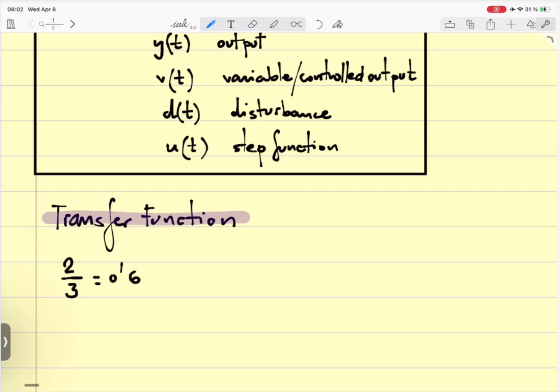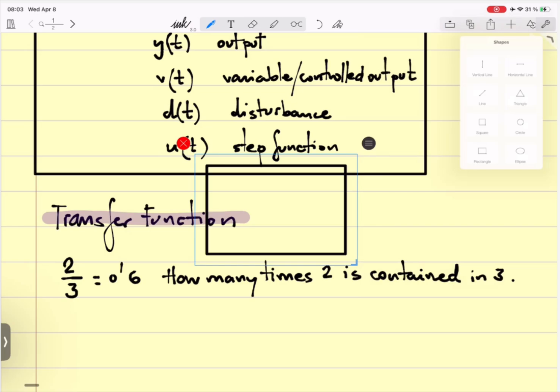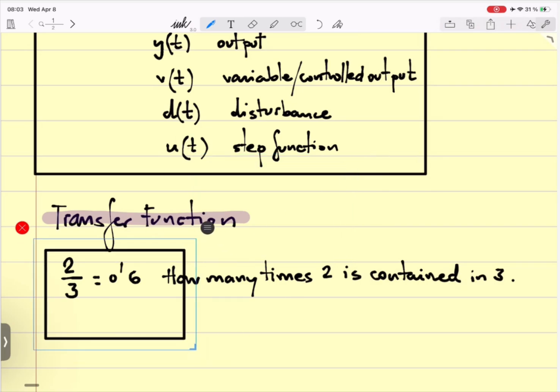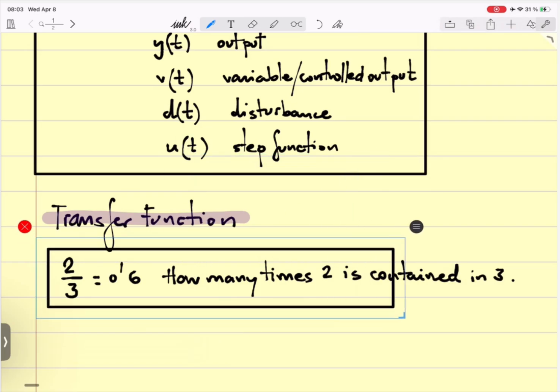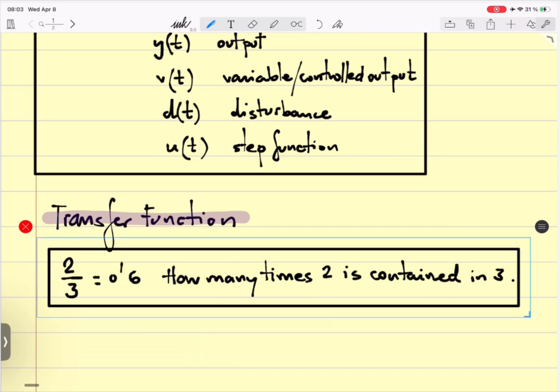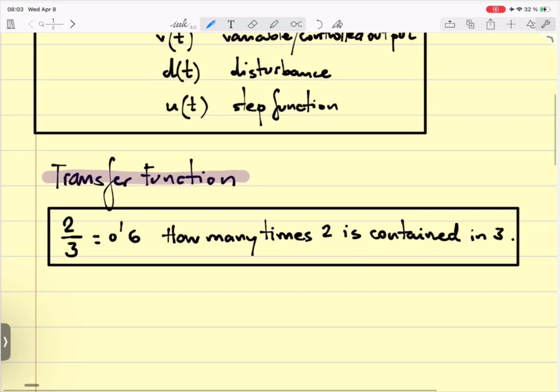This 2 divided by 3 means how many times two is contained in 3. Okay, you see that? So 2 is 0.6 times 3. Okay, and this is the concept of a transfer function.